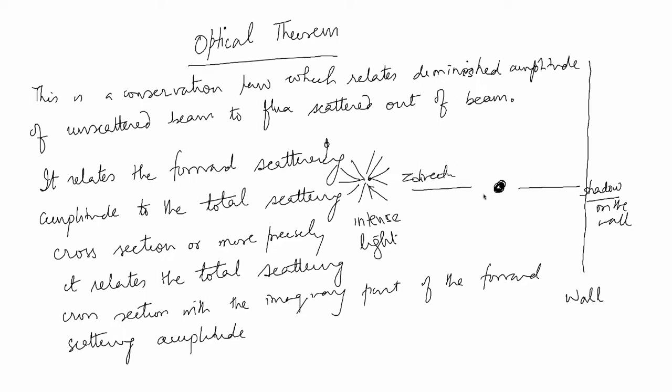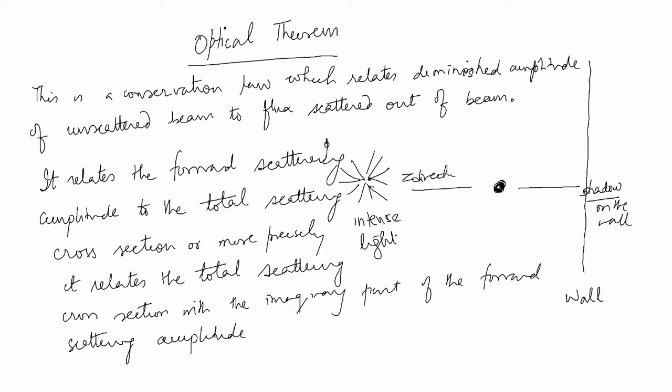Is it clear? And that is why I told you that I am throwing light on the wall and the wall is getting illuminated. And when I am placing an object in between the wall and the source of light, I am getting a shadow on the wall. And this shadow is telling us that some of the particles have got scattered.